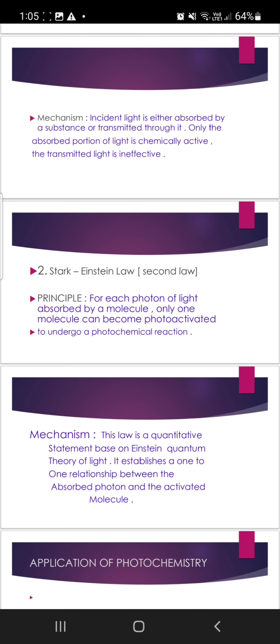For each photon of light absorbed by a molecule, only one molecule can become photoactivated. That is, a molecule that absorbs a photon of light, only that particular molecule becomes photoactivated to undergo a photochemical reaction.